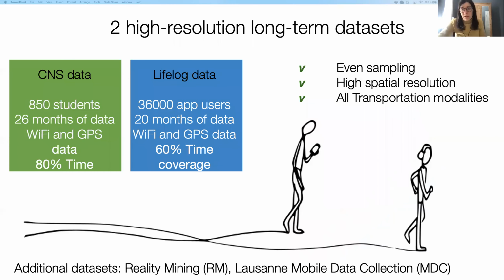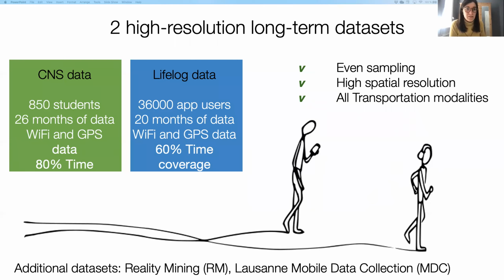And again, we took data that was measuring mobility over long time scales, so years, and tried to understand what happens. We looked at two data sets again. One is the CNS data set that I mentioned before. It's collected at DTU, and it was mobile phones handed to students for some years.